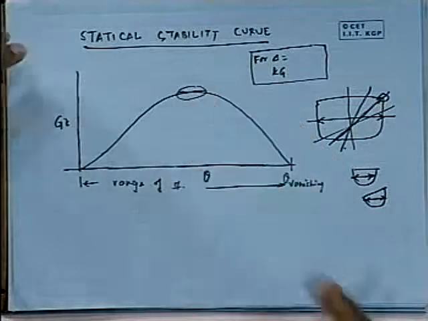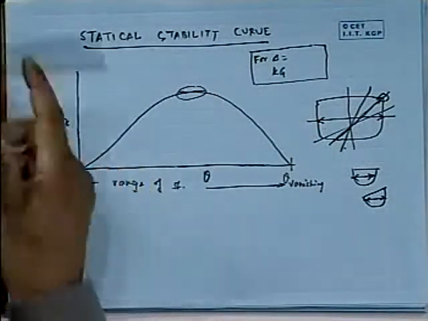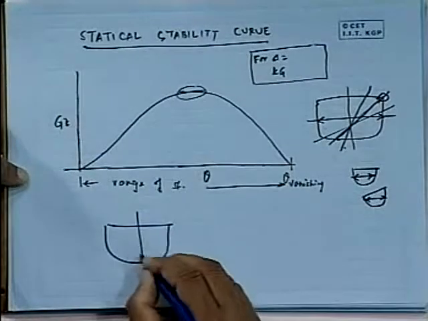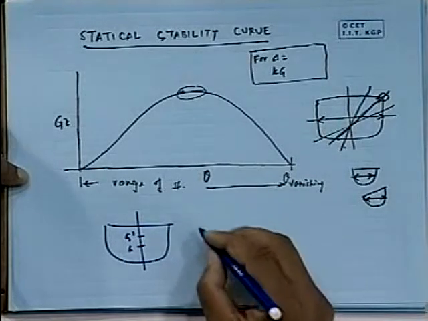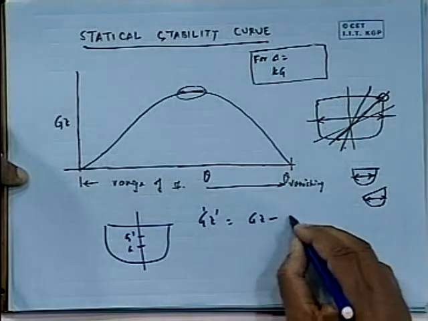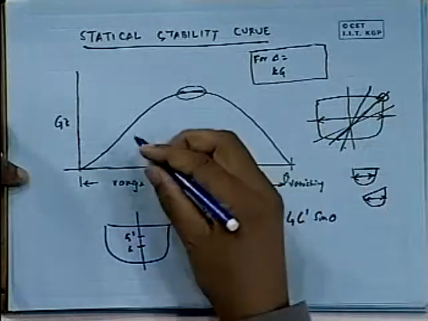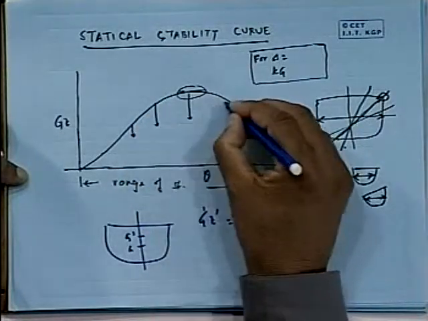That is one point. The second point is, supposing you are reducing this GZ, in other words, I am raising KG. Suppose there is a ship here, my G was here, and I am raising it to G dash. What would happen? GZ will come down by GG1 sin theta. So from here I have to take off GG1 sin theta.